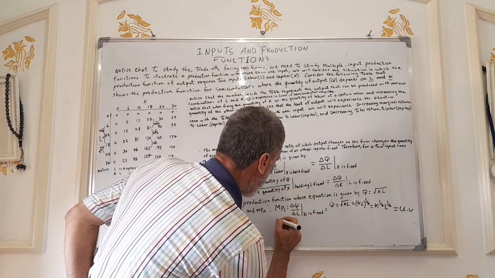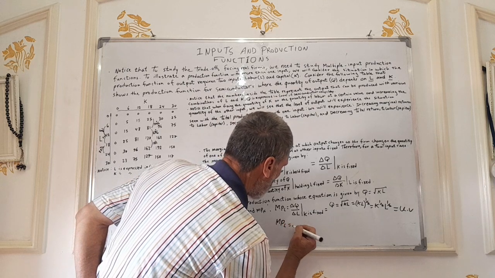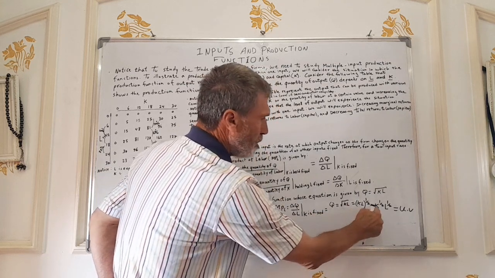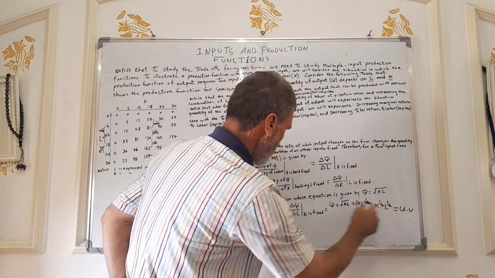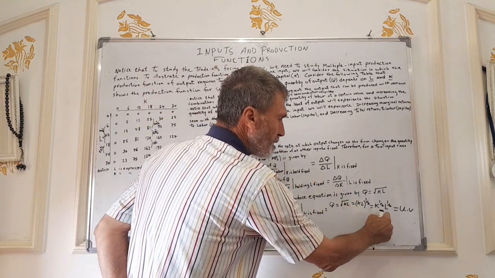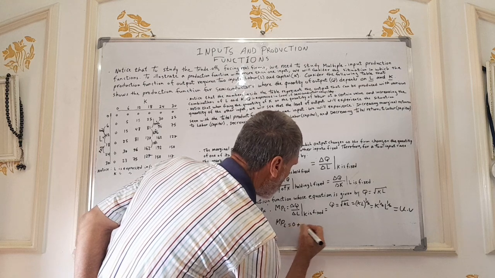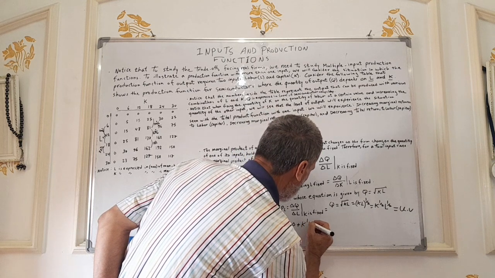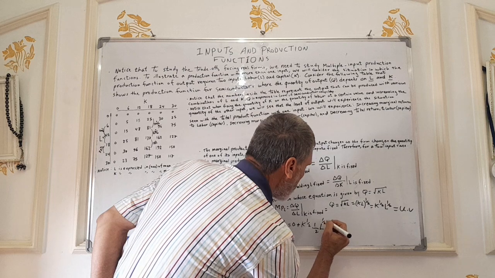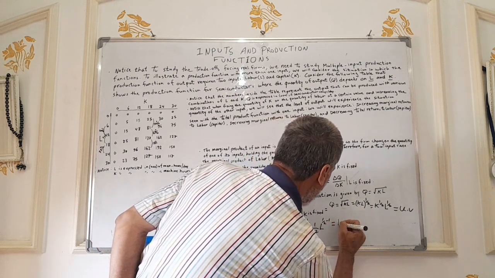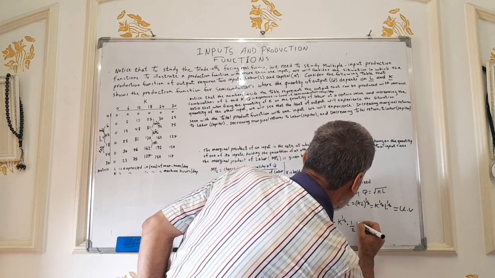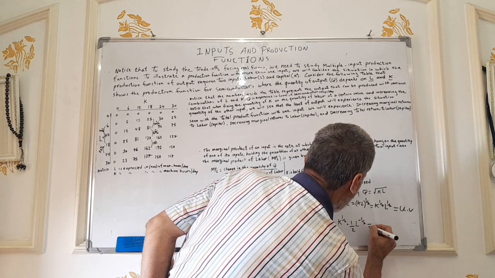Now we need to find the derivative. So here, MPL is going to be equal to, using U prime V plus U V prime, the derivative of K, because K is fixed, is 0. So U prime V is 0 here, plus U V prime, which is K^(1/2) times 1/2 times L^(1/2 minus 1), which is L^(-1/2).